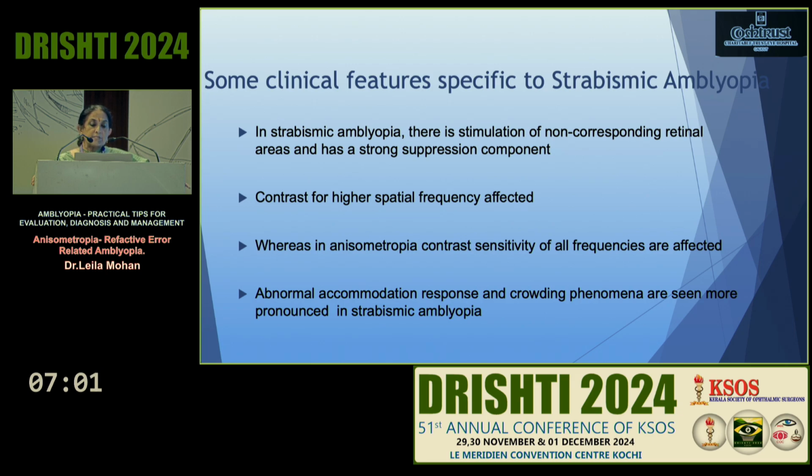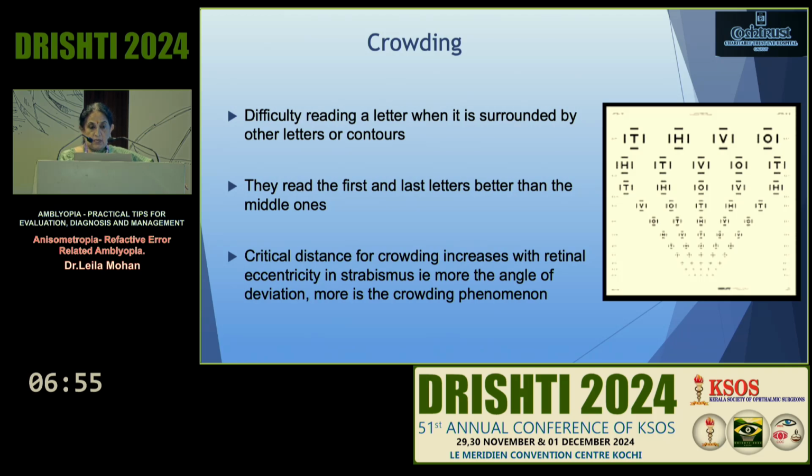Abnormal accommodation response is also more in strabismic amblyopia, and crowding phenomena are more pronounced. Crowding is difficulty in reading a letter when it is surrounded by other letters or contours. They read the first and last letters when you check vision by Snellen, and the middle ones are often omitted.